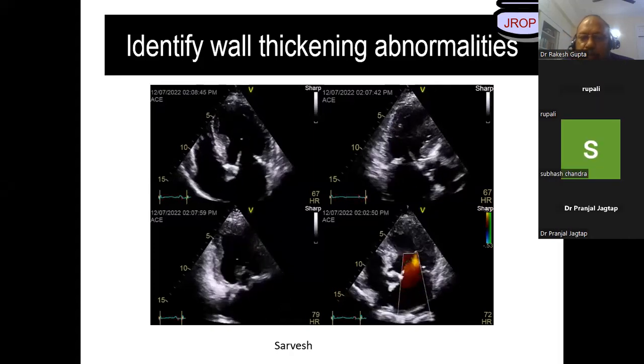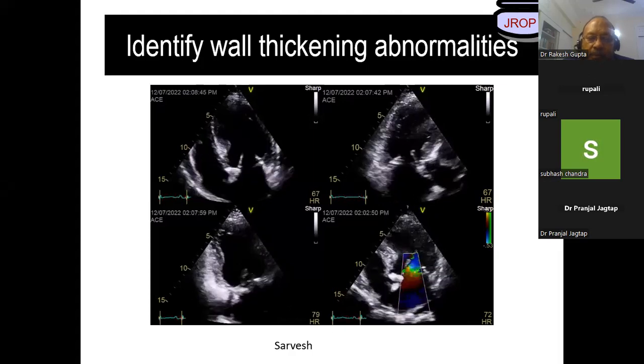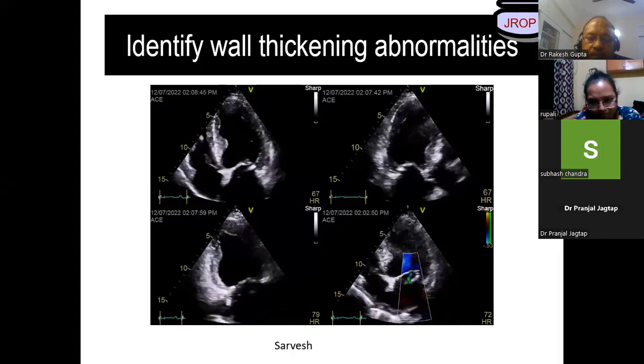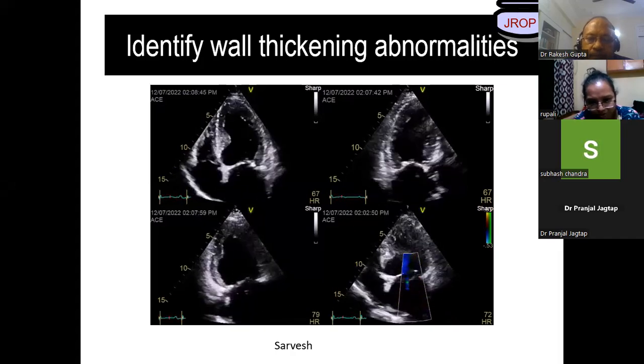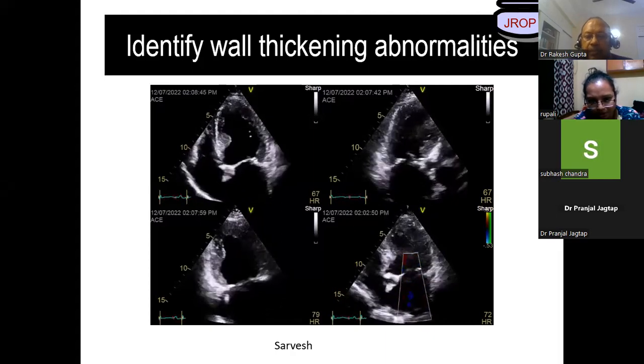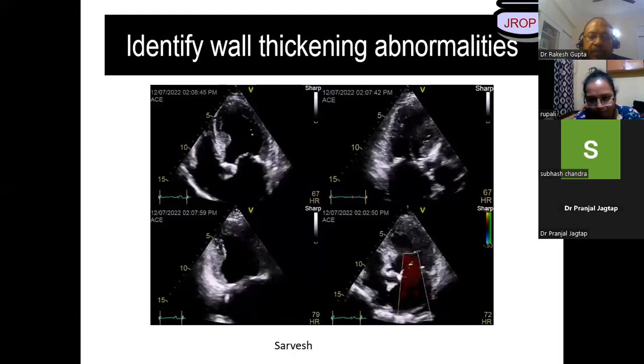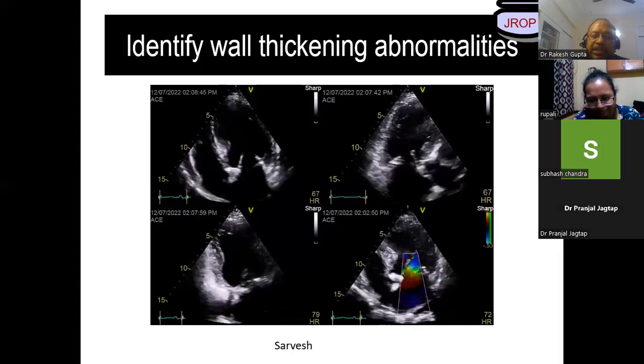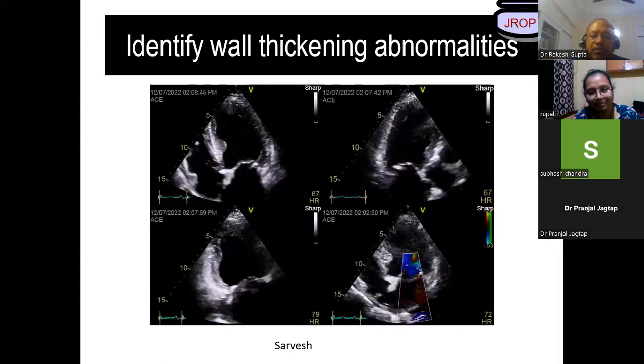Sir, in the first view, in four chamber, LA is dilated. In two chamber view, inferior wall is severely hypokinetic. Look, Rupali, you are a good student. There's nothing like severe, nothing like mild or moderate.